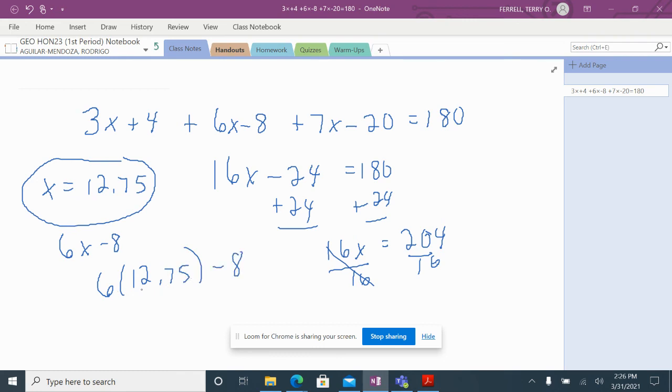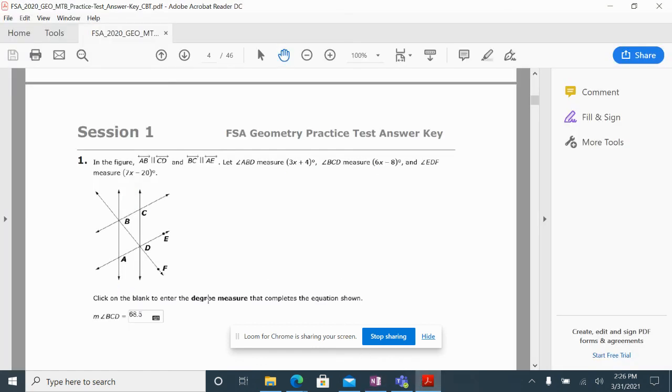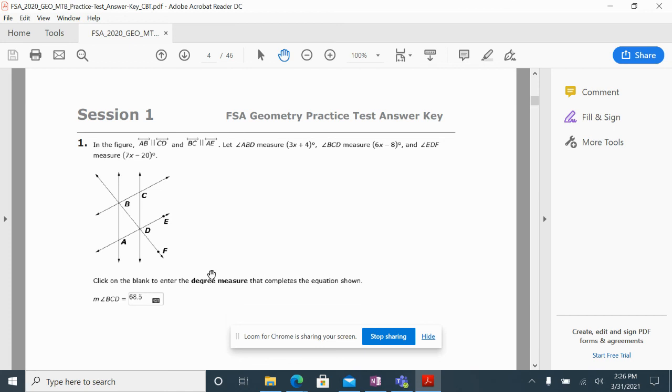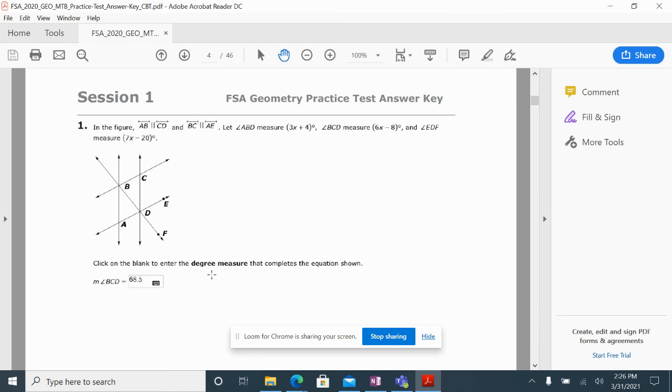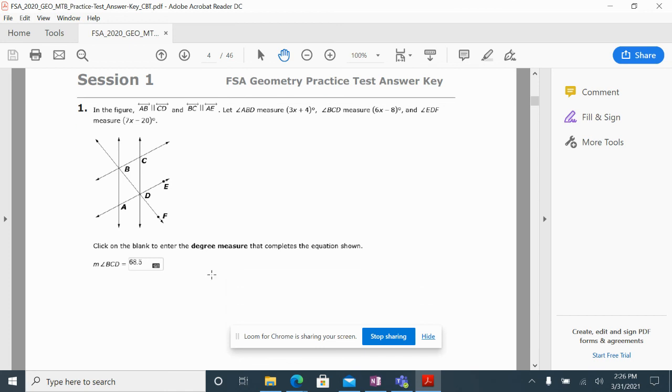Don't even waste time trying to do the math. If I type that in the calculator, it comes out to 68.5. Okay? So for showing your work for this problem, obviously write out as much as you can, but the main thing is I want you to understand the logic behind it. Okay? So that will be problem number 1. Hopefully that helps.